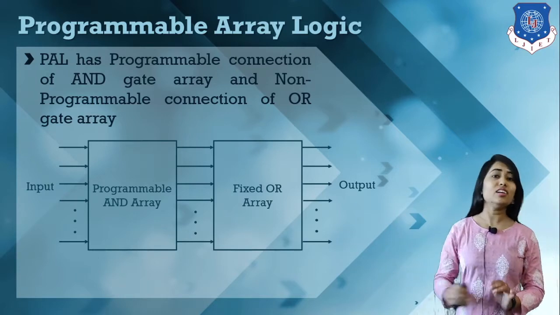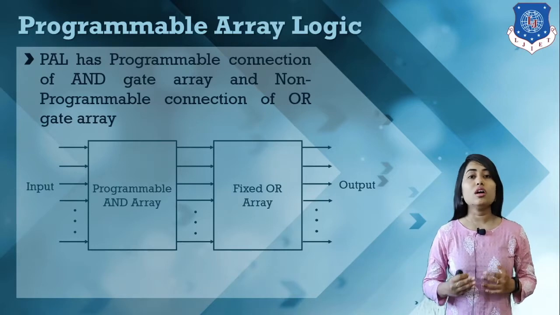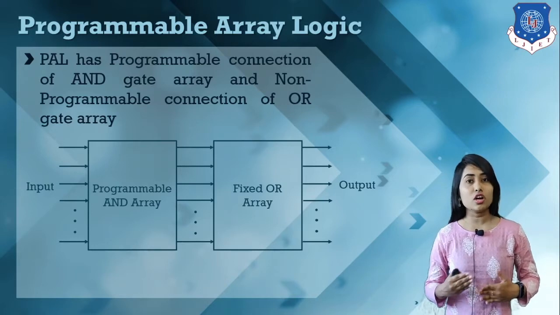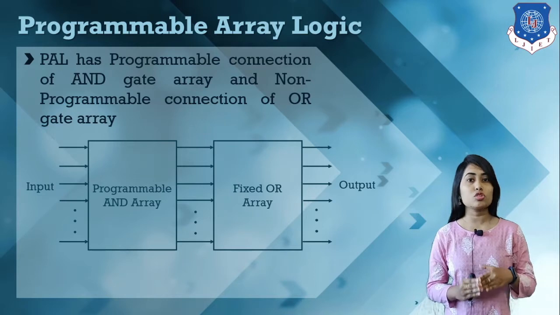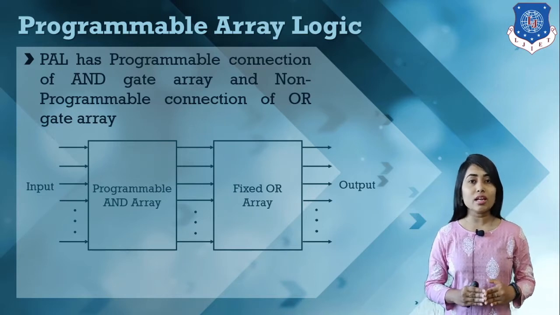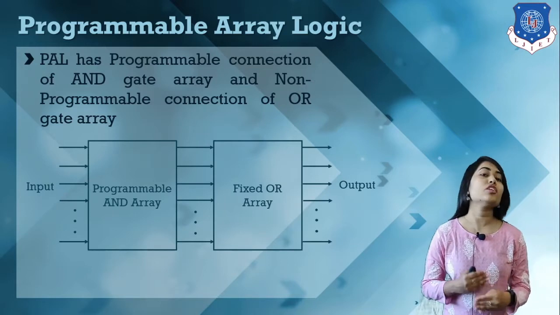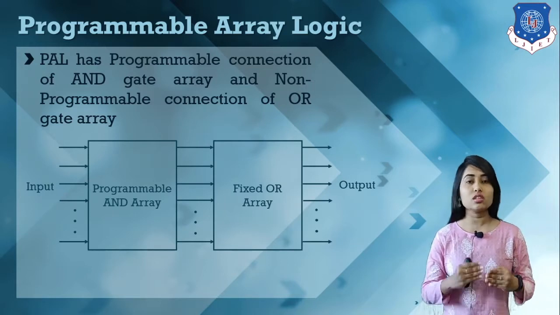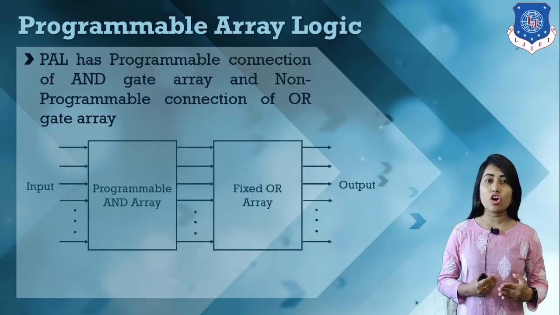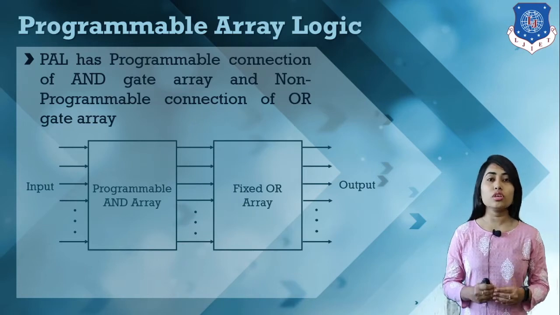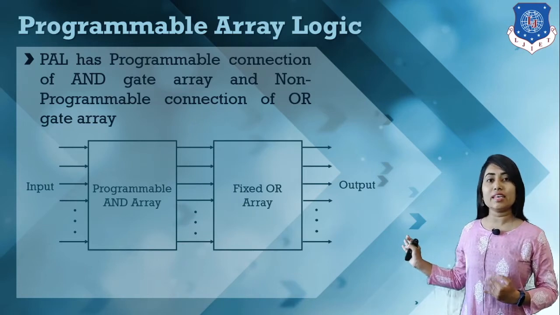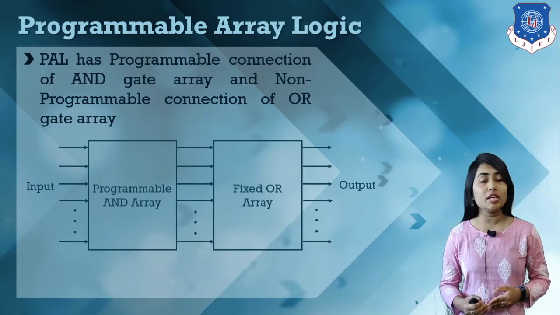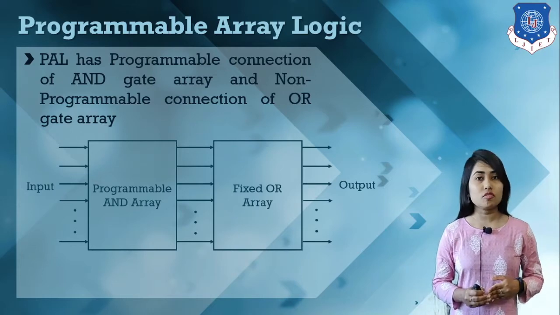So basically we use this to implement different kinds of logic functions. Using this kind of PAL circuit we can implement various logic functions using AND gate and OR gate structures.